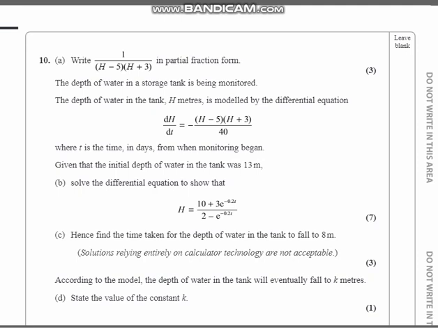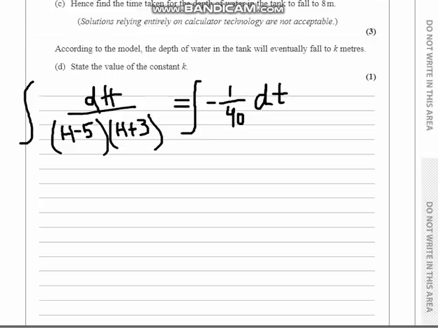So let's get started. To solve the differential equation, I'll take this whole function, take it downside, cross multiply, and dt will come up. So it will look something like, there you go: dh upon (h minus 5)(h plus 3) equal to, integrating, minus 1 upon 40 dt.